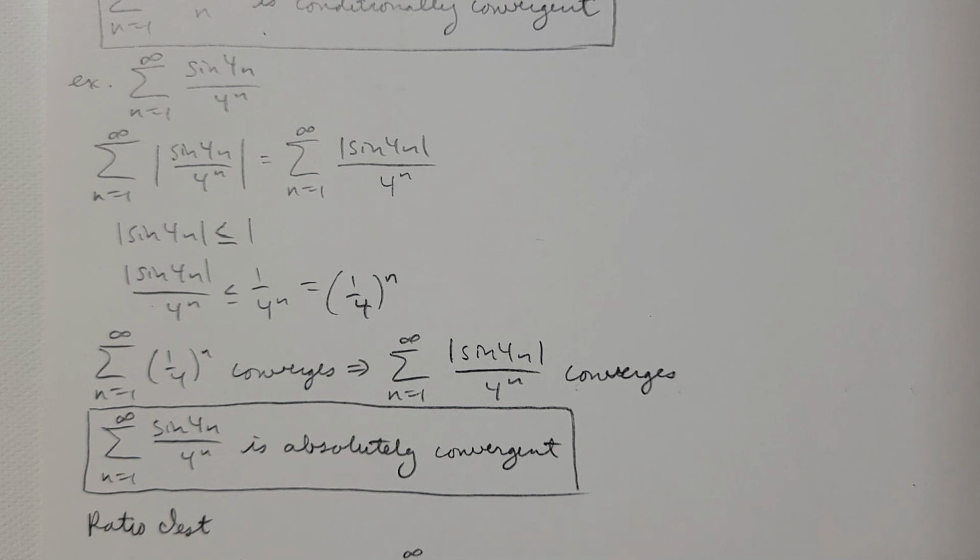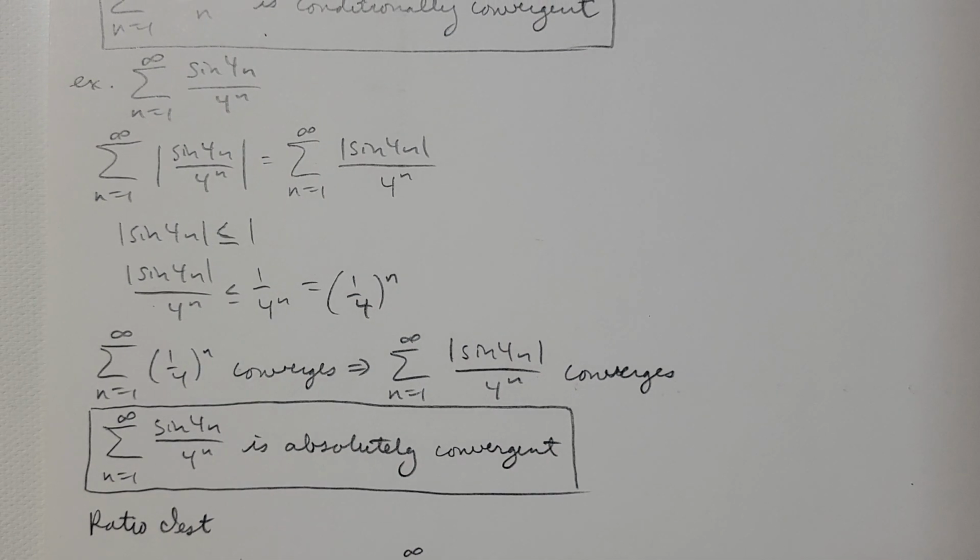The sum as n equals 1 to infinity of sine of 4n divided by 4 to the n is absolutely convergent. In some of these problems, it's going to be easier for us to just see whether the series converges absolutely or not, and then go from there. So that's what we're doing in this problem.